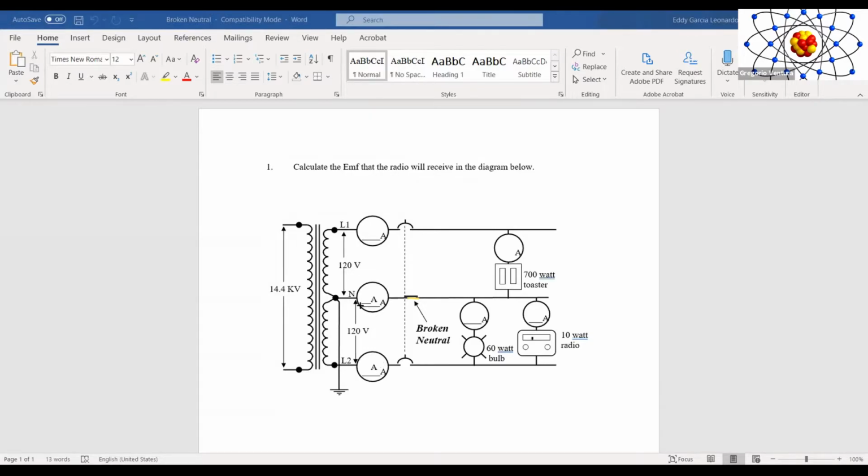We also saw the unbalanced load, and we also saw how many amps we have on each individual component. At the same time, I already mentioned, and we already determined, that this value of R doesn't change for either the toaster, the light bulb, and the radio. Those are the fixed, unchangeable values.